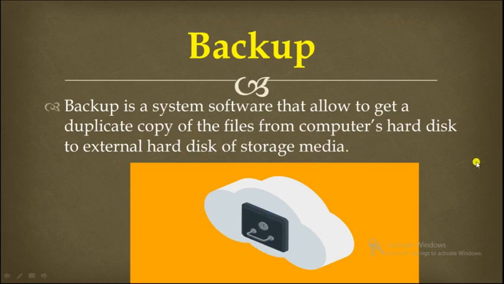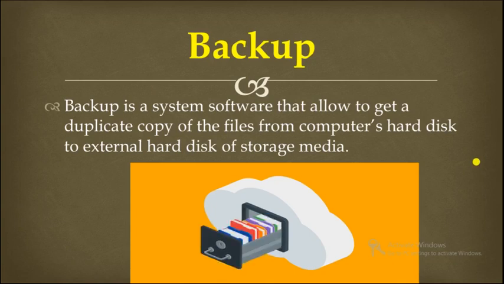In other words, this is a process of recovering data in case of damage or accidental loss. It allows us to copy a file of the computer onto any external storage device for future use. In case of damage or accidental loss, we can use the data if we have the backup.